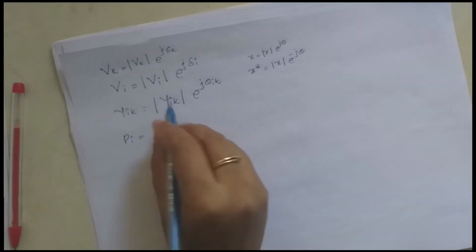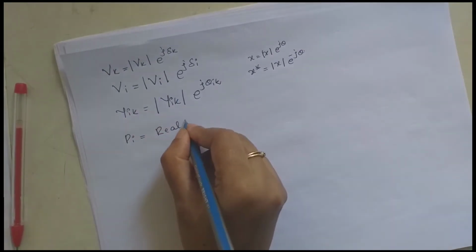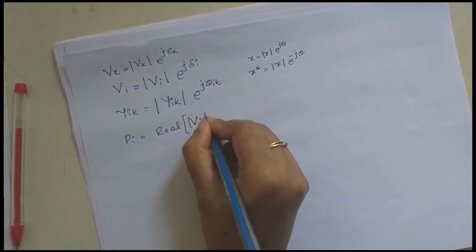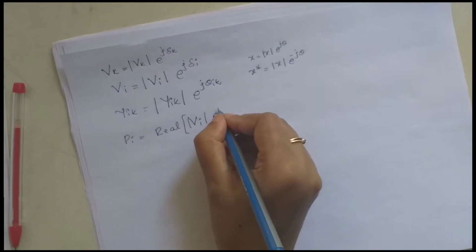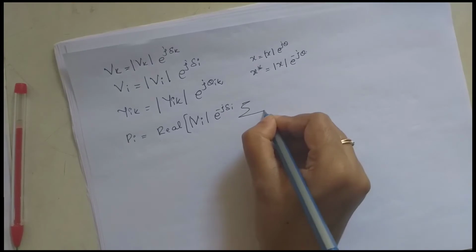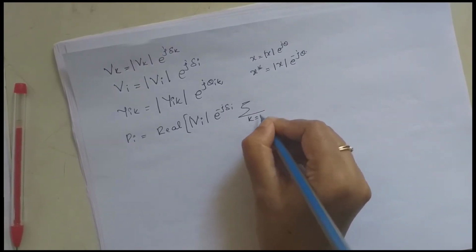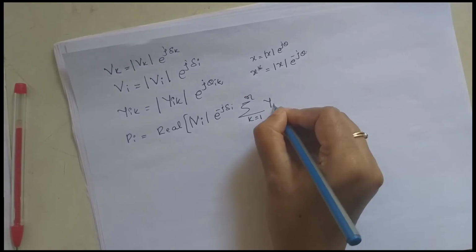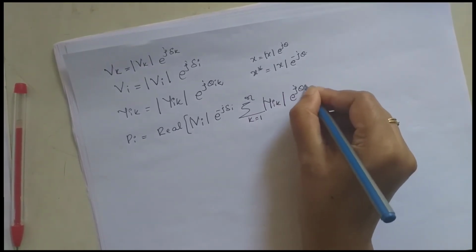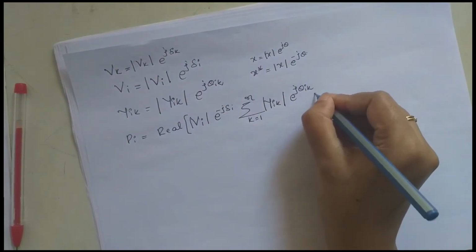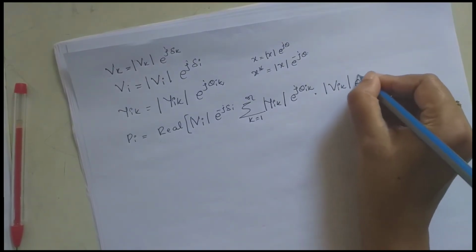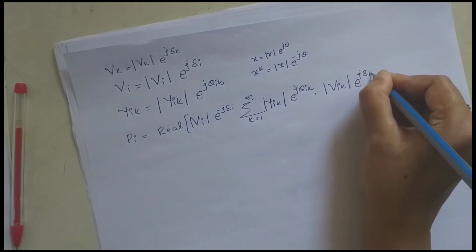Similarly Vi conjugate becomes real of magnitude of Vi e power minus j delta i, and summation where k varies from 1 to n, Yik, which is magnitude of Yik e power j theta ik, and Vk, magnitude of Vk e power j delta k.